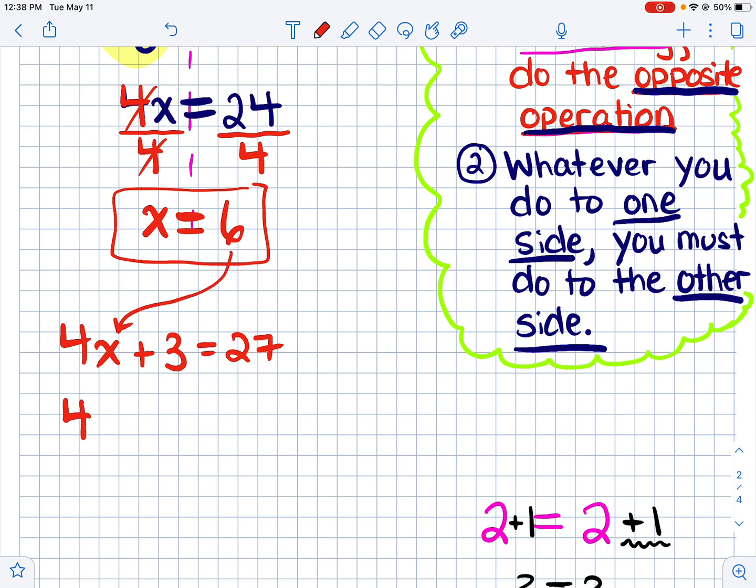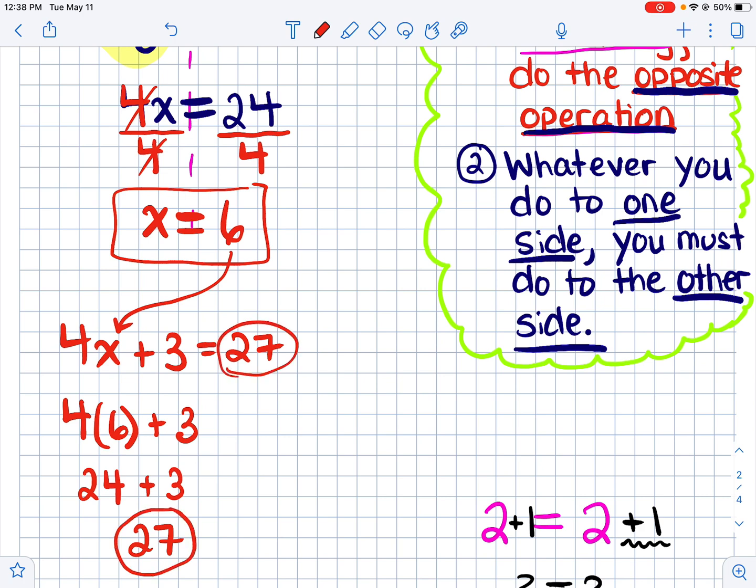So 4 times 6 plus 3. Okay, 4 times 6, 24 plus 3. 24 plus 3, 27. Yes. So that means since I just found out the left side equals 27 and the right side equals 27, I did it right. So x does equal 6.